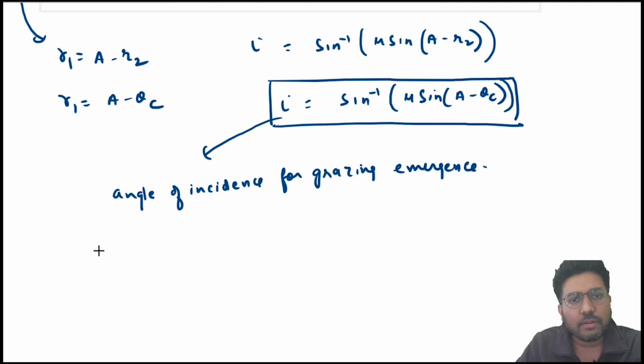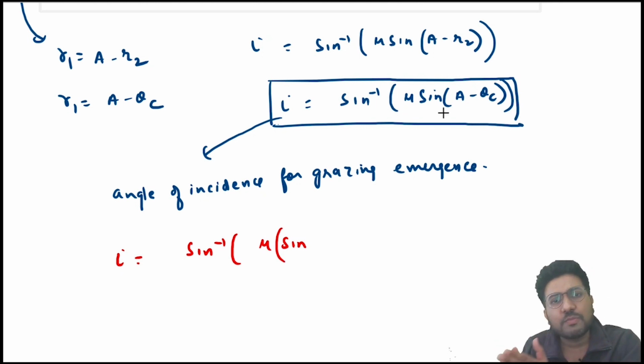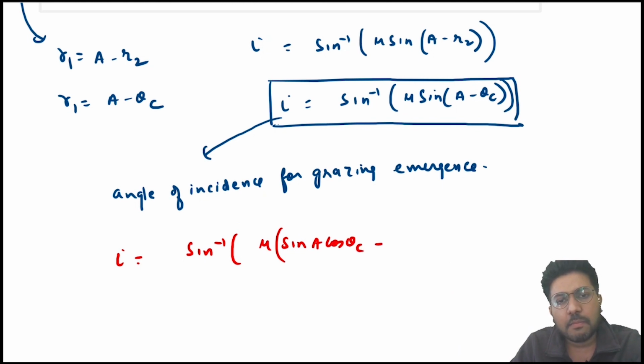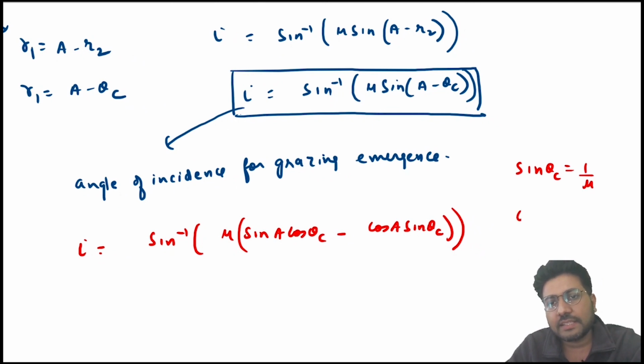Okay, but you can also write it like this. See, I is equal to sine inverse mu sine of A minus B, which can be written as sine A cos B minus cos A sine B, right? So I'll write sine A cos theta C minus cos A sine theta C. Now sine theta C you know is 1 by mu. So cos theta C can be written as root over mu square minus 1 by mu, right?